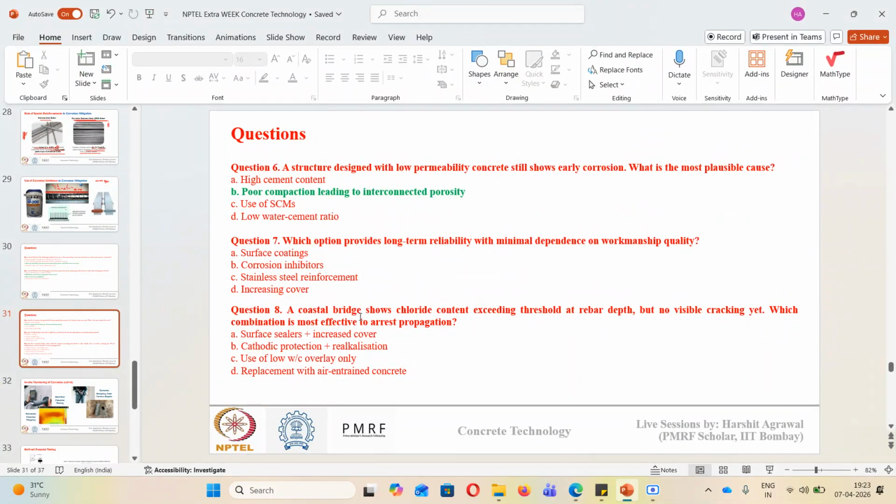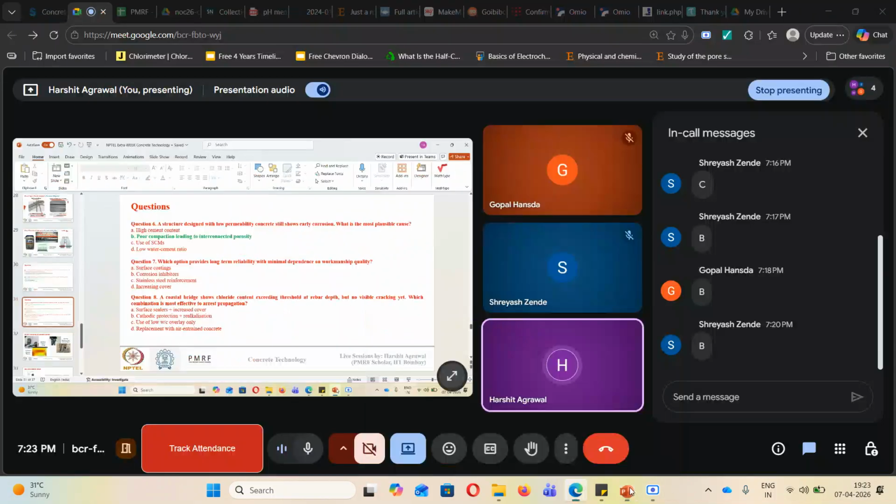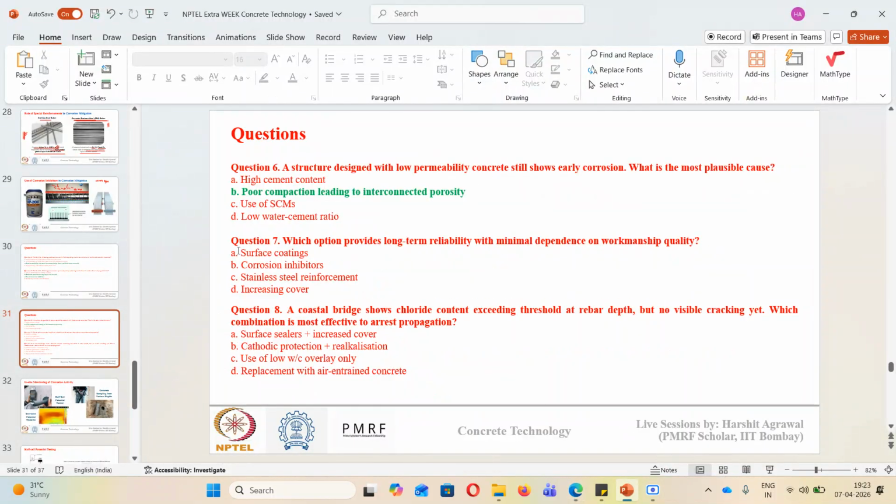Any idea for question number 7, which will be the correct option? No, surface coating will depend upon workmanship quality.